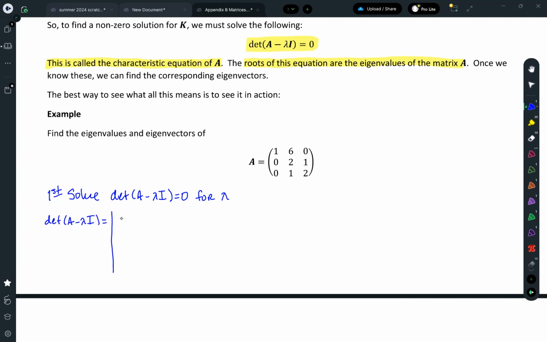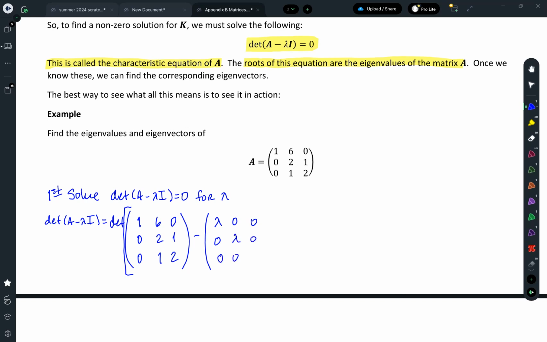Remember lambda I, I should write this out. So we have the determinant of A, which is 1, 6, 0, 0, 2, 1, 0, 1, 2, minus lambda I. Well, I just has the ones on the diagonal, so that's where our lambdas show up. We get lambda 0 0, 0 lambda 0, 0 0 lambda.